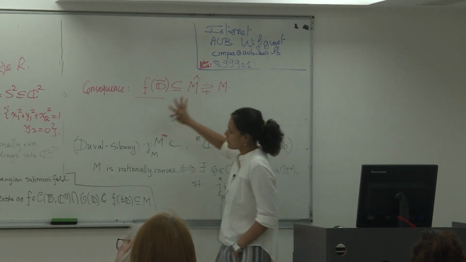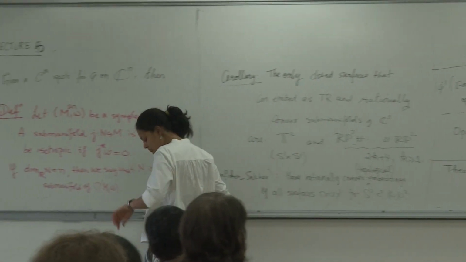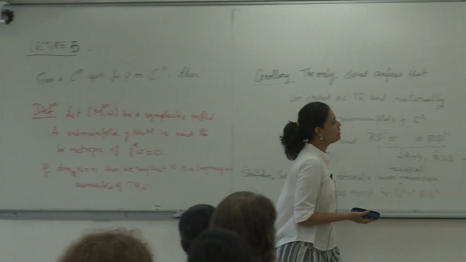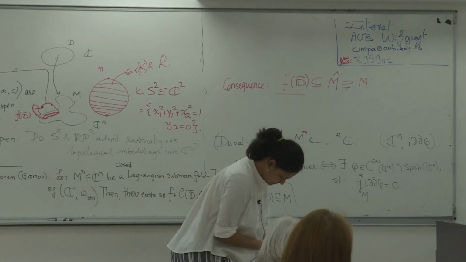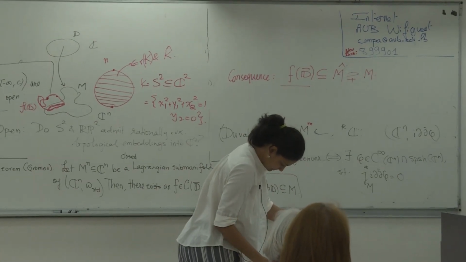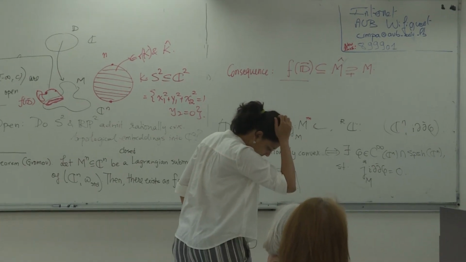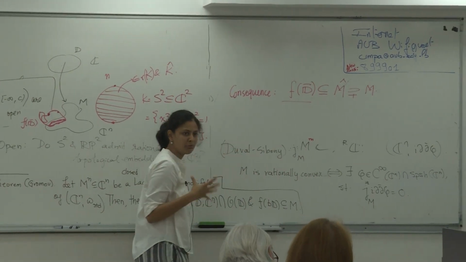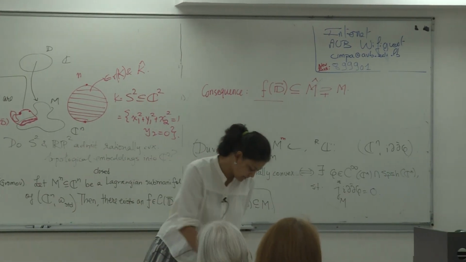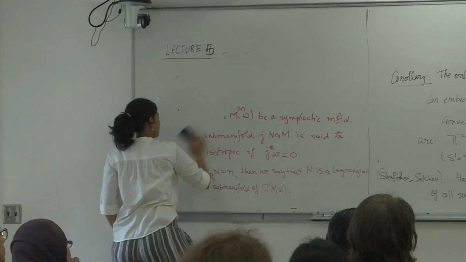There are issues when you exit the Lagrangian setting, but you can get some statements. Okay, so now let me see what else I wanted to say. Right. So I want to go back to Duval-Sibony, and I want to mention a few things that came out as consequences of that.